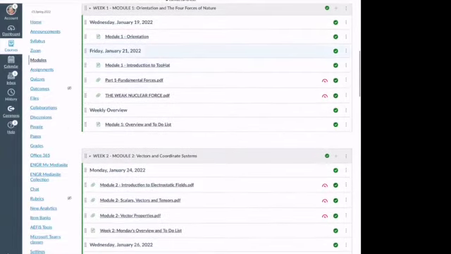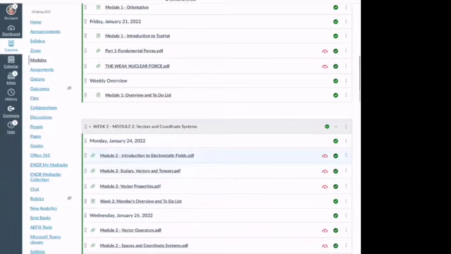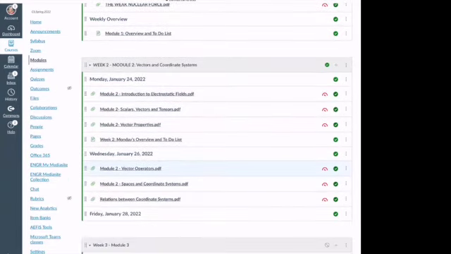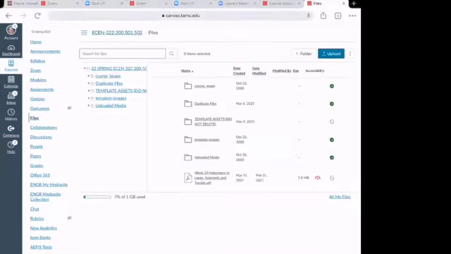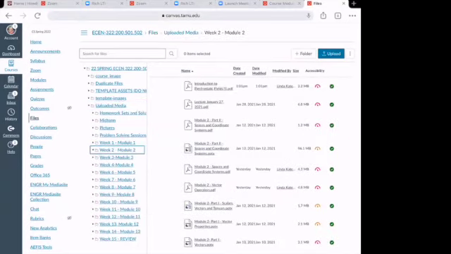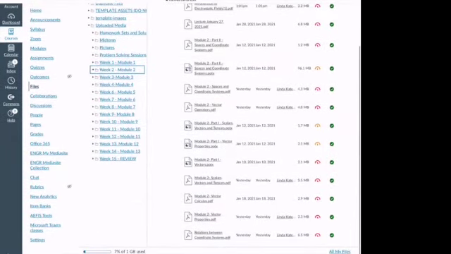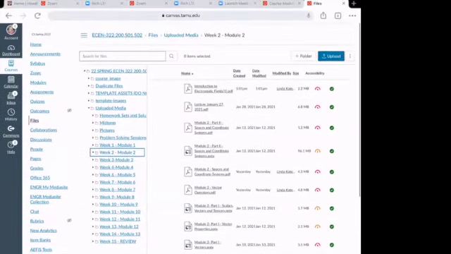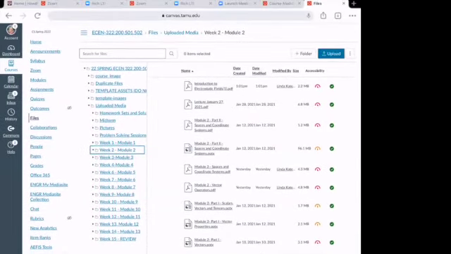Week 2. They're not blocked. Why are they blocked? Then let me see something else. There are so many places that we need to look at. All of these are checked. Go to modules.